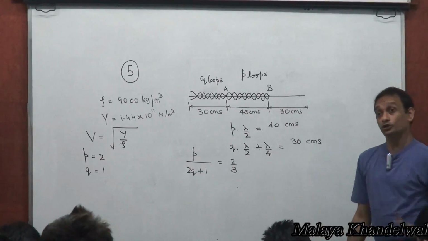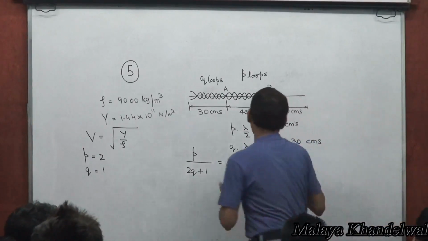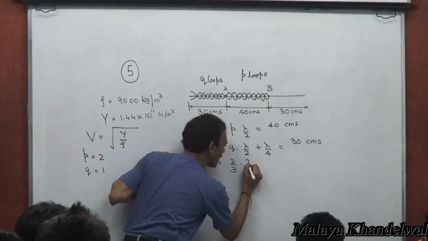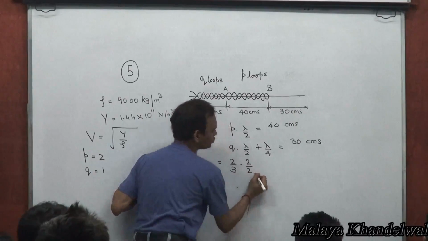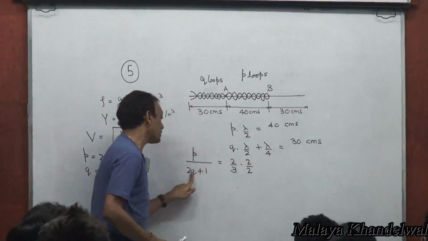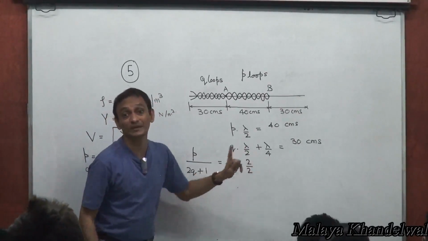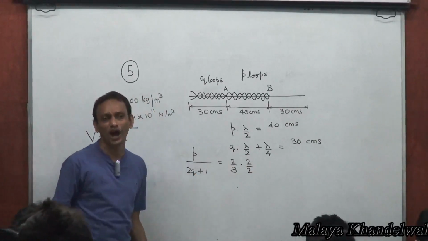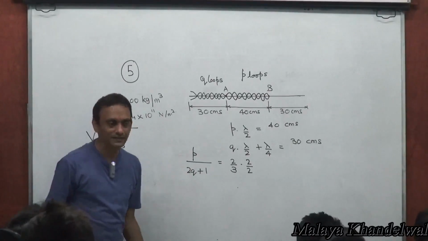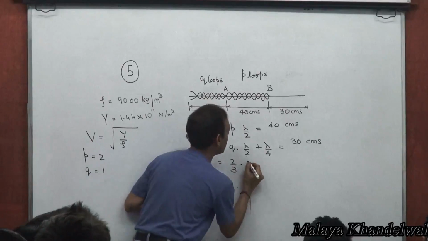Now, I want to find the next higher mode. If I multiply both numerator and denominator by 2, this is not possible, because P can be 4, but 2Q plus 1 can't be 6. Can 2Q plus 1 be 6 for an integer Q? 2Q plus 1 is odd. No, it can't be 6, right? So let me multiply both numerator and denominator by 3.